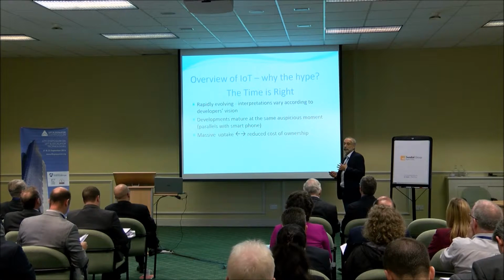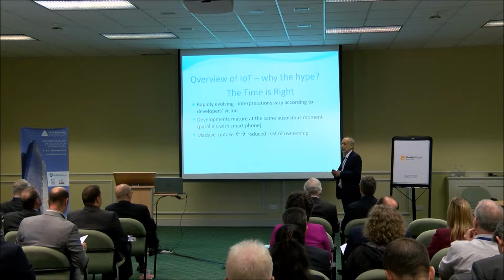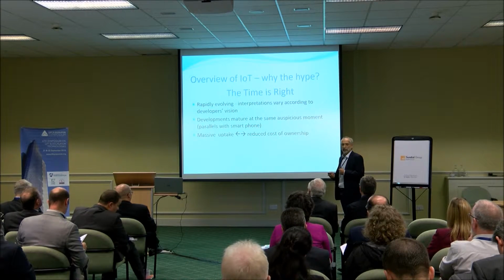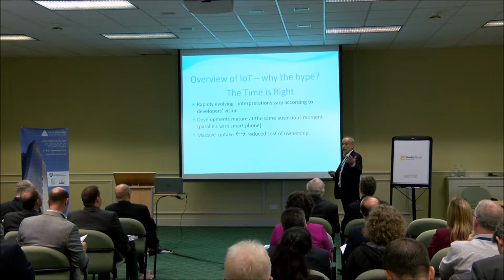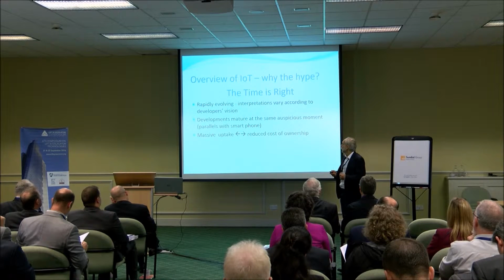There's an enormous amount of discussion surrounding the Internet of Things at the moment. It can't be just because it's a way of connecting devices over the internet. There must be something more to it than that. Why is it now receiving so much attention?